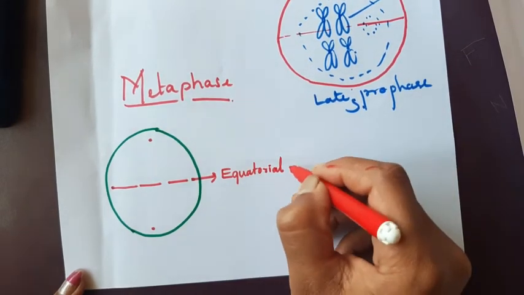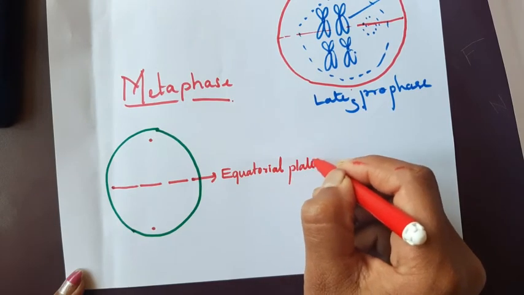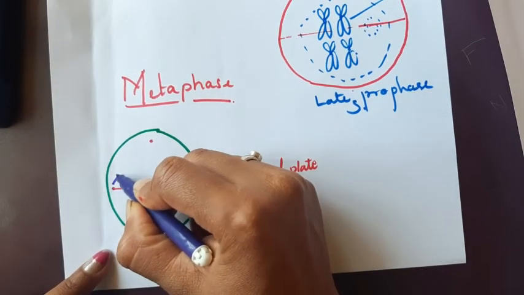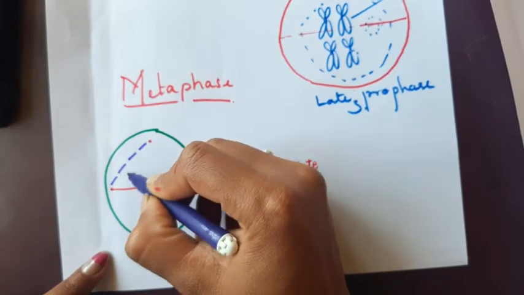Equatorial plate or plane. Then there is a formation of spindle fibers.